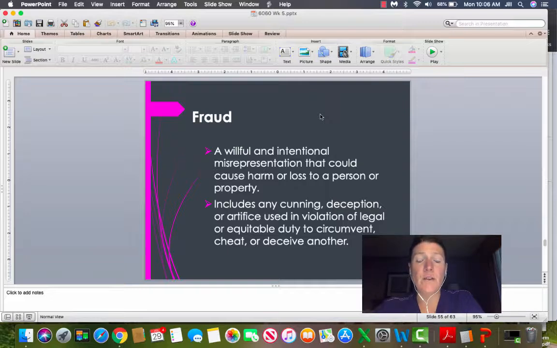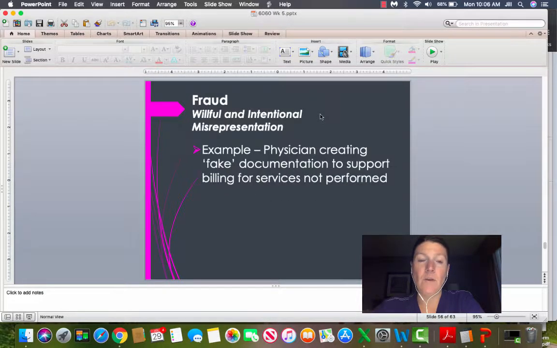Fraud is another one that we deal with a lot in the healthcare setting, sadly. Fraud is a willful and intentional misrepresentation that could cause harm or loss. In the healthcare setting, oftentimes we see fraud with regard to payments from insurance companies or from the government. There's a very important law called the False Claims Act that comes into play when we're talking about government, but there is certainly fraud with regard to private insurance payers as well.